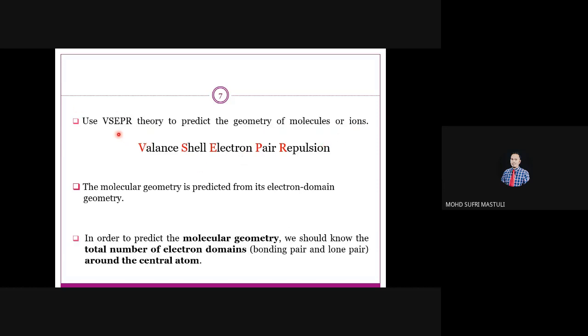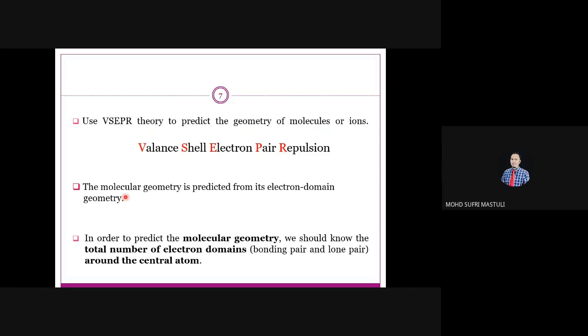So what is VSEPR? V is valence, S shell, E electron, P pair, R repulsion. VSEPR. Valence shell electron pair repulsion.